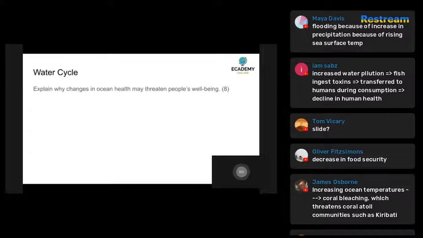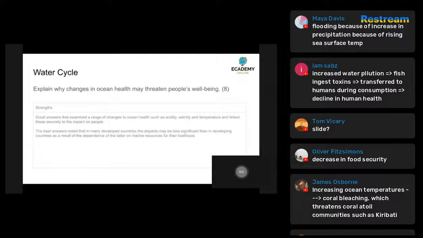Right. So explain why changes in ocean health may threaten people's well-being. So strengthening good answers: examine the range of ocean health through acidity, salinity, and temperature, which most of you are talking about anyway. The best answers noted that in developed countries, the impacts may be less significant than in developing countries, as a result of the dependence of the latter on marine resources for their livelihood.